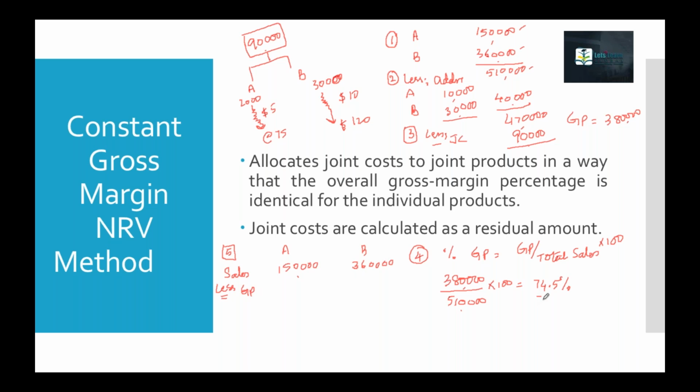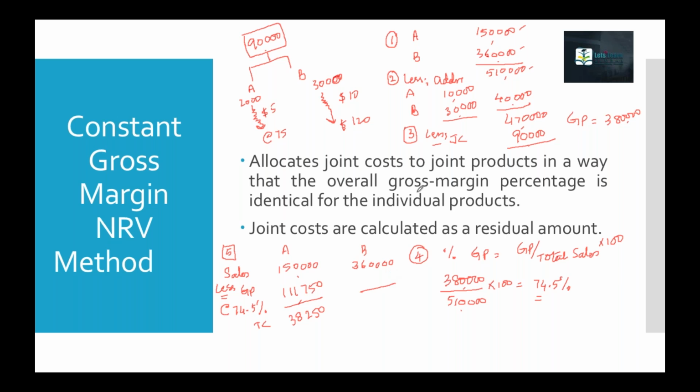Gross profit, you know that it is 74.5%. 150,000 times 74.5%, that is 111,750. Then it will give you total cost 38,250. This is the total cost.